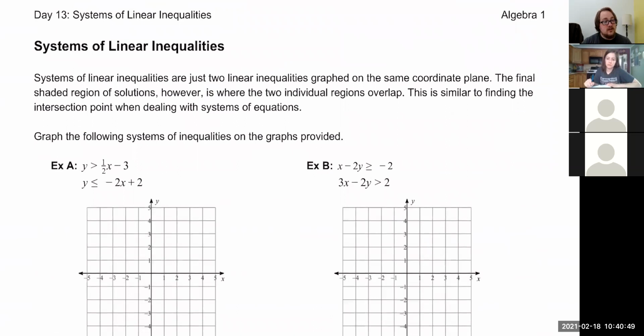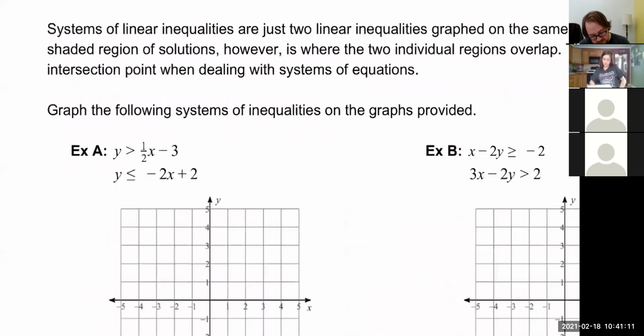Sometimes one side would be a little bit bigger than the other, depending on where the line landed, but it cut the graph into two pieces. We're now going to be graphing two of them on the same coordinate plane, which means we're cutting our graph into four pieces. So our end goal is to figure out which of those four subregions we shade so that it satisfies both inequalities. And that comes down to the details we're going to identify through this process.